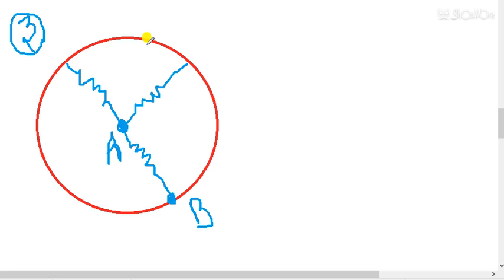Let me see what I can do here. Okay, so students, you can see this point will be at the same potential as this point and this point B. So if I have to find the resistance between A and B, I have to connect these three like this.